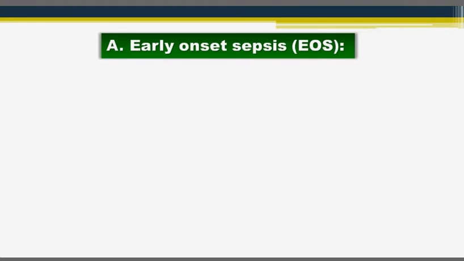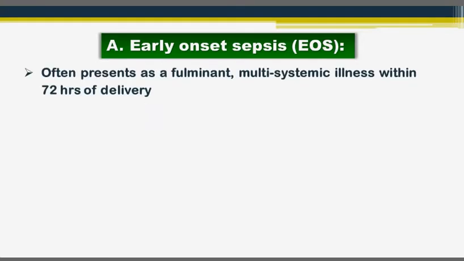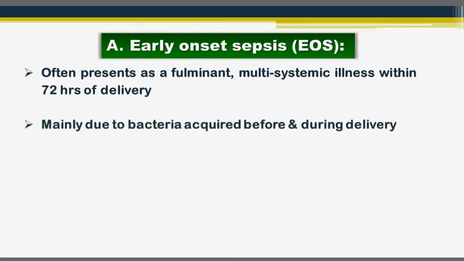If you go to the details of early onset sepsis, it often presents, as I said, within the first 72 hours of delivery, but the presentation will be a fulminant or multisystemic illness. It's mainly due to bacteria acquired before and during delivery.